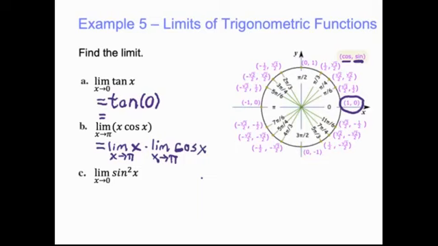And now we can use direct substitution. So that's going to equal pi times cosine pi.